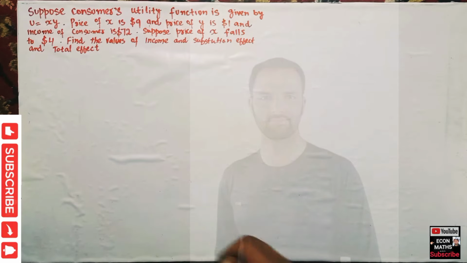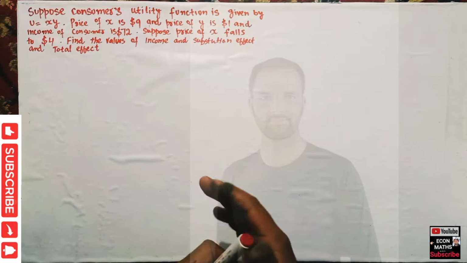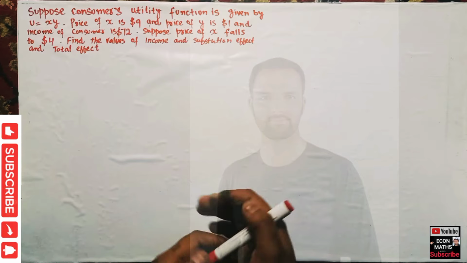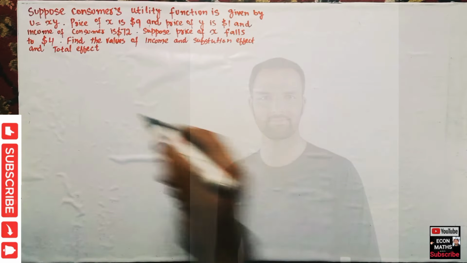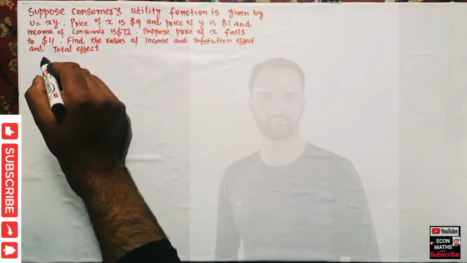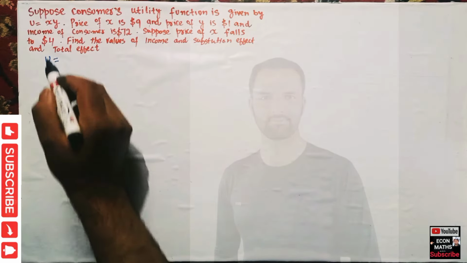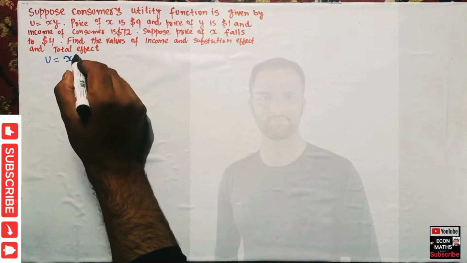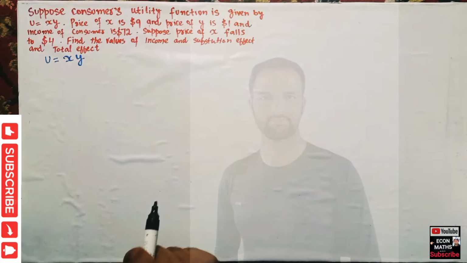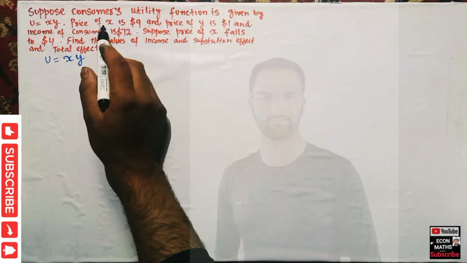Coming to our business now, what is given here? We are given a utility function of a consumer. What is our utility? U is equal to x into y. This is the utility of our consumer. What is the price of x?